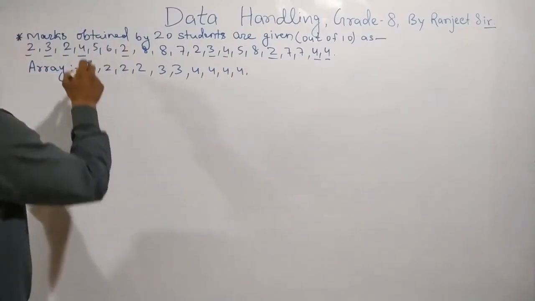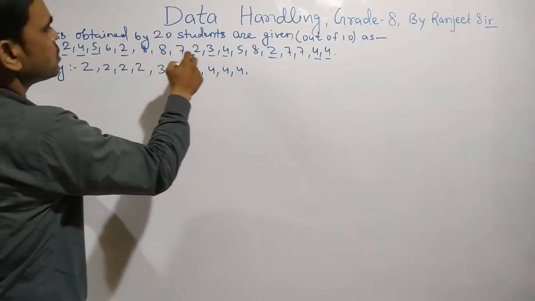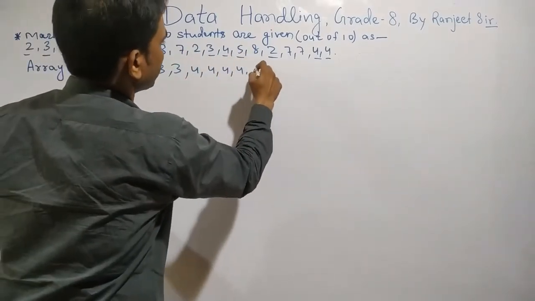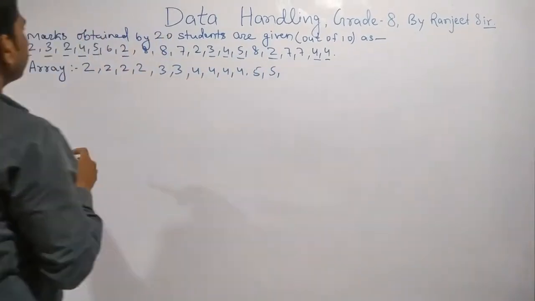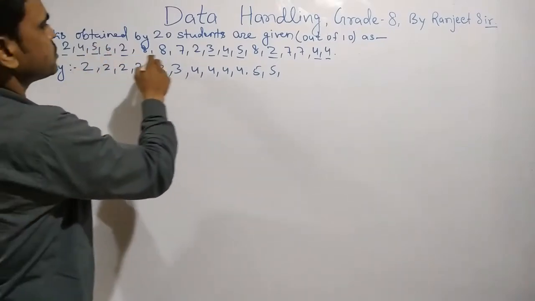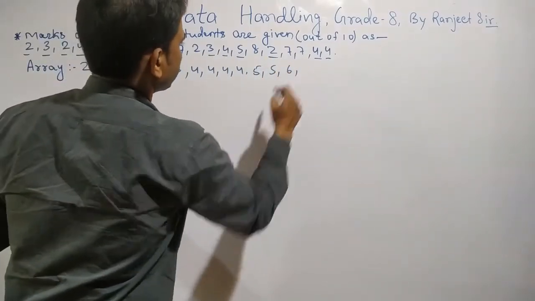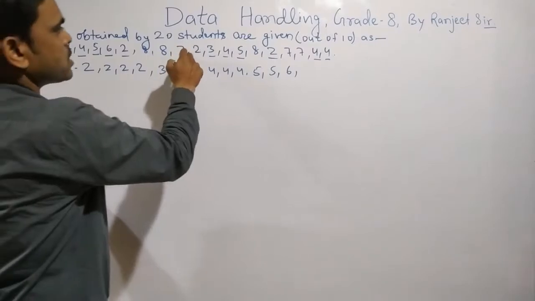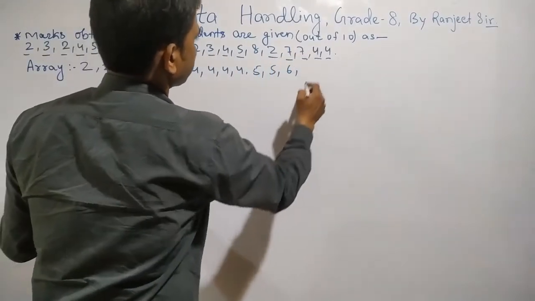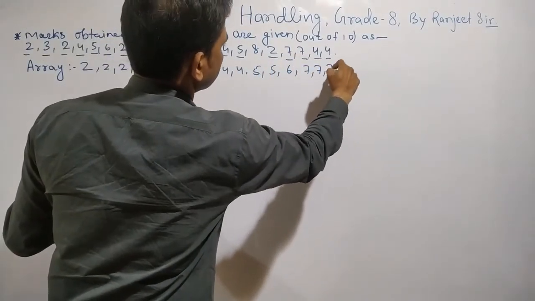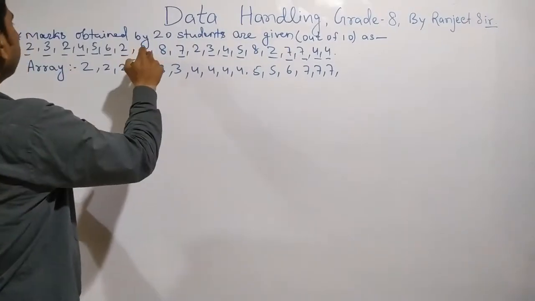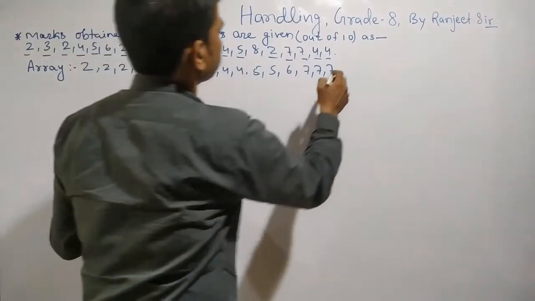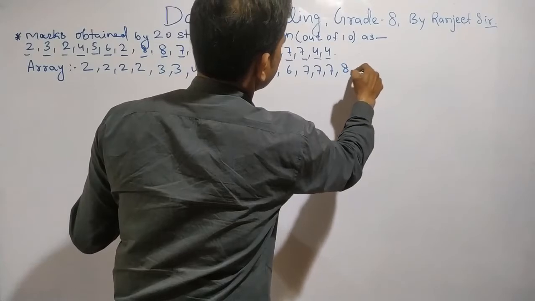Then 5 is there 2 times. Then 6, only one time. 7 is written 3 times. Now 8 is here 2 times, no, 3 times.